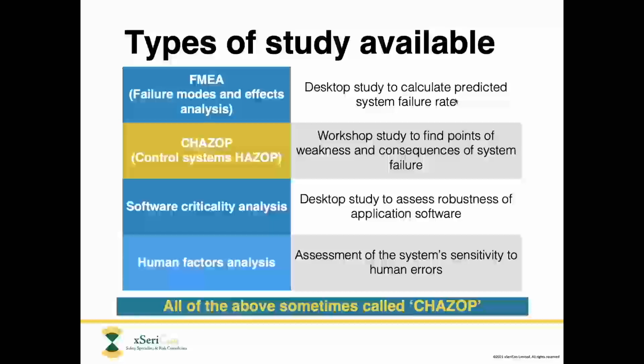So the first one, FMEA, Failure Modes and Effects Analysis. Now this is a calculation that we can do at our desktop. It doesn't require a workshop study, and its purpose is to take a very well-defined, clearly defined system, such as a control system or a specific piece of equipment, such as a turbine or a compressor, and to calculate its predicted failure rate in various different failure modes.